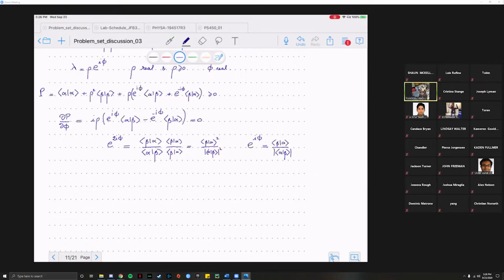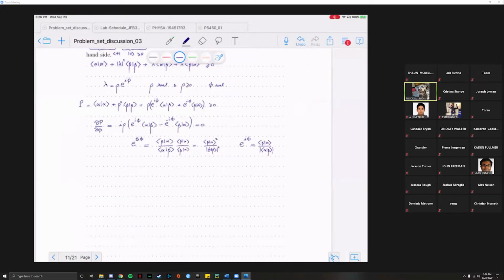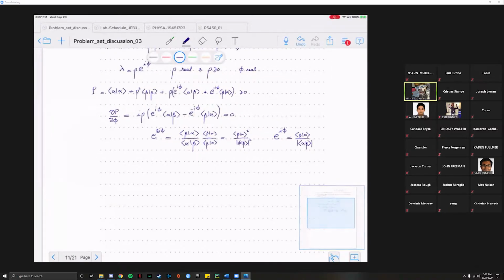And then we can replace exponential i phi by this expression, and take the derivative with respect to rho. So if I do that, is everybody happy with that? Yeah, able to follow.